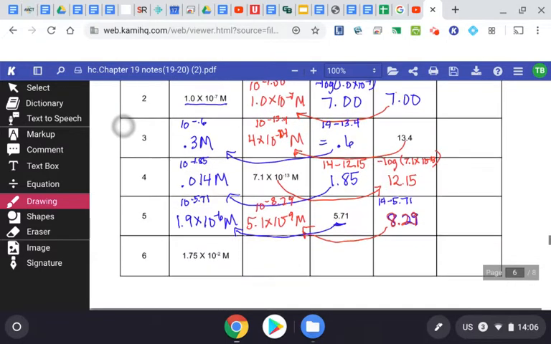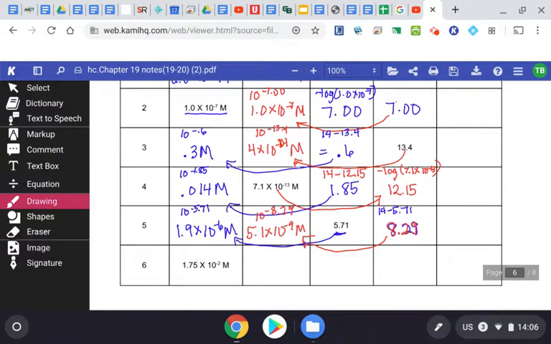All right, last solution here. In this last solution, I am given a hydrogen ion concentration. From my hydrogen ion concentration, I can find my pH. pH is minus the log of my hydrogen ion concentration. So it's going to be minus the log of 1.75 times 10 to the negative 2.